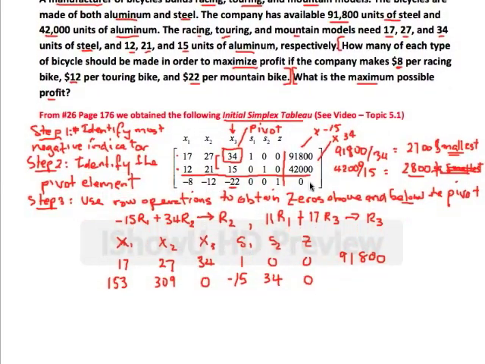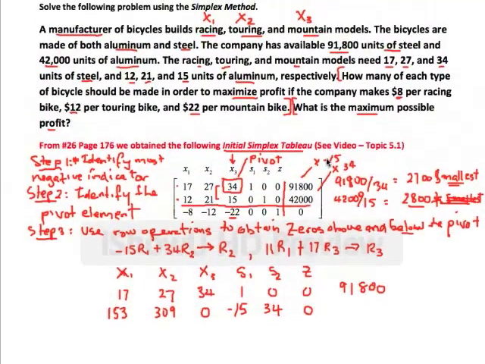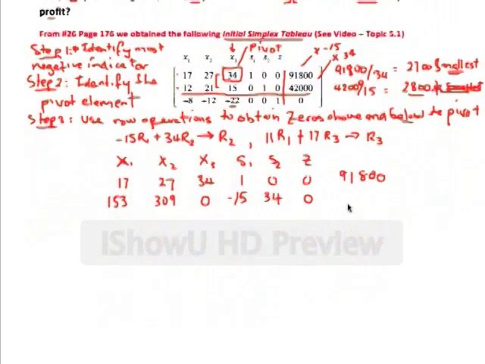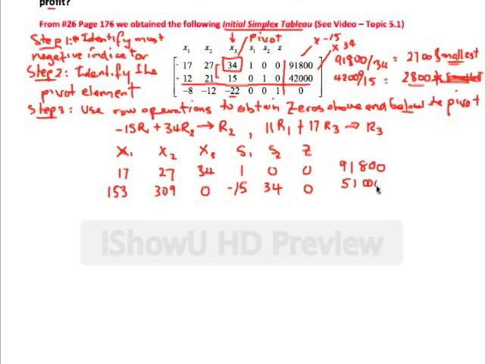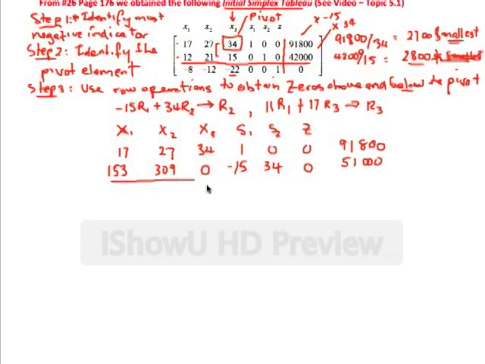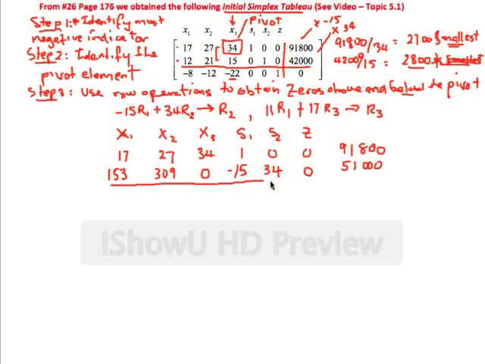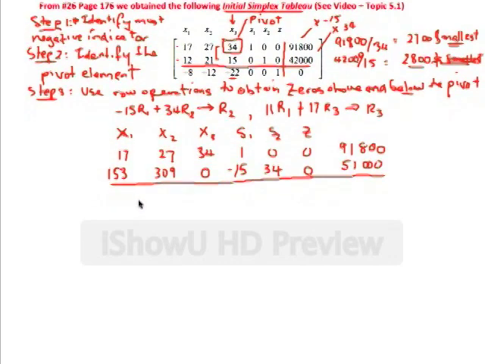And when you add them together, you're going to get a negative 1 and a positive 1, and when you add those two together, if my arithmetic is right, I get 51,000. Okay, right, we put our line underneath. Okay, so that's our first one only.